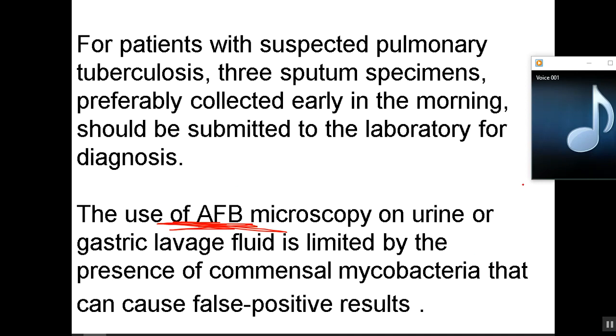We send the patient to the lab early morning before breakfast for the AFB, and in our hospital we have this facility, and the chest institution also has this facility for AFB bacilli. You see the bacilli in the sputum by special staining, and you get the bacilli.